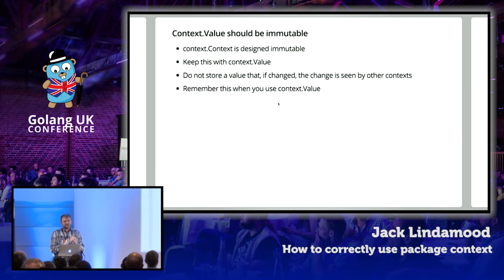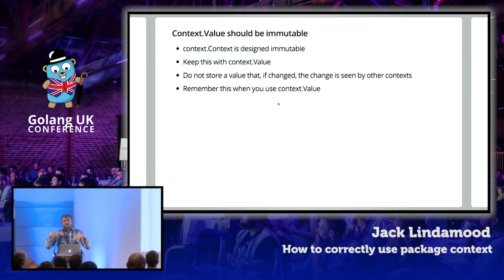Context.value should be immutable. This is another important part. The context package is designed to be immutable. When you create a context that has a 5-second timeout, you can't change that to 3 seconds. It's 5 seconds. If you want a 3-second one, you make another one that maybe inherits from it. So you should keep that philosophy with context.value.